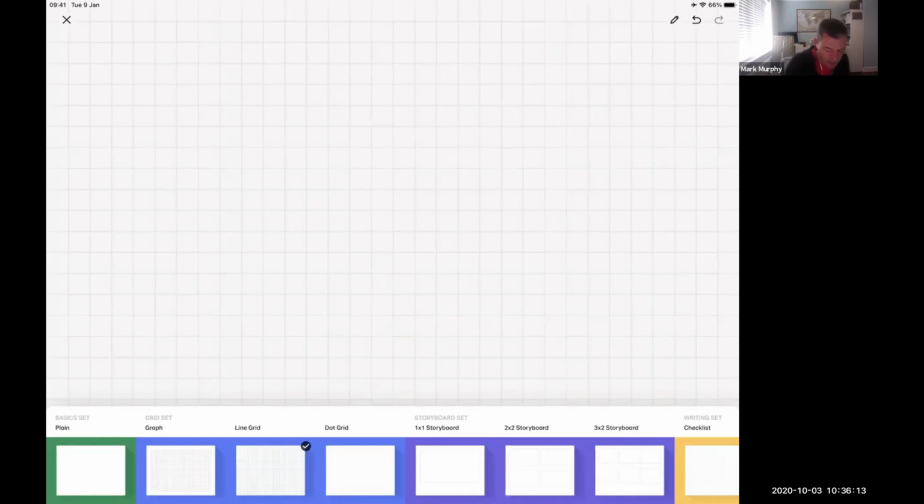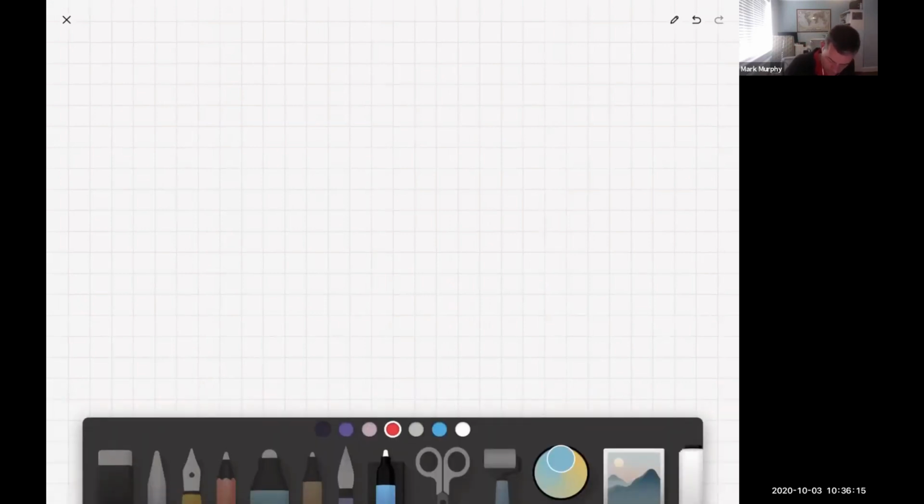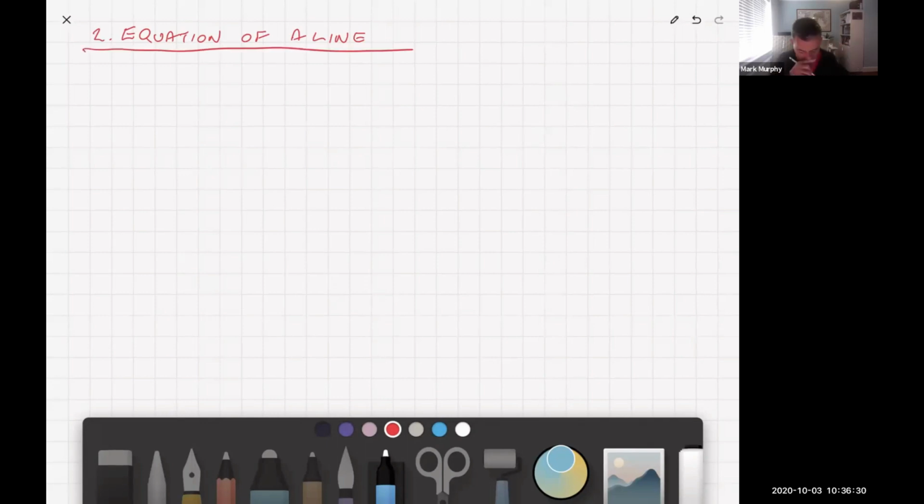Right, so the second topic is the equation of a line. So again, we start off with what we had earlier. It's the slope, right?